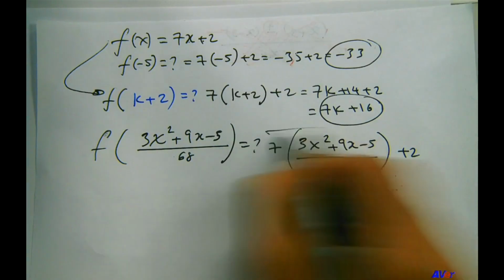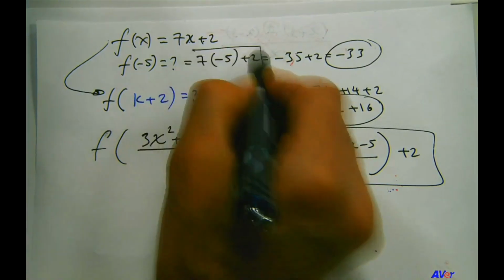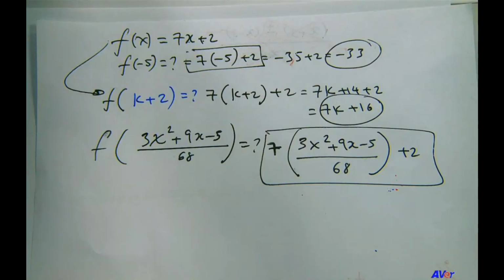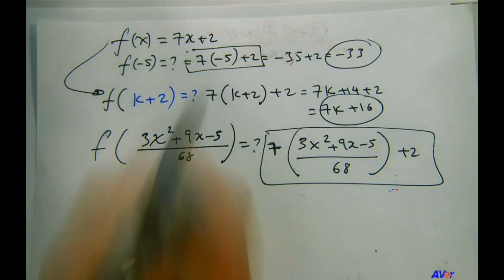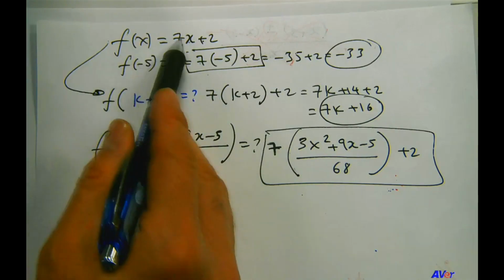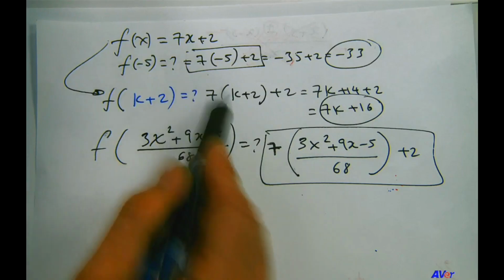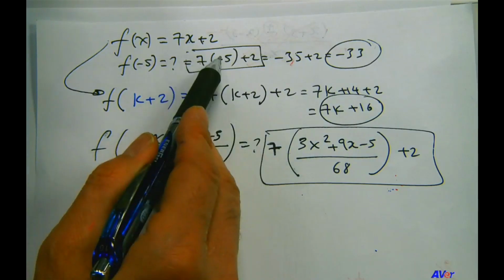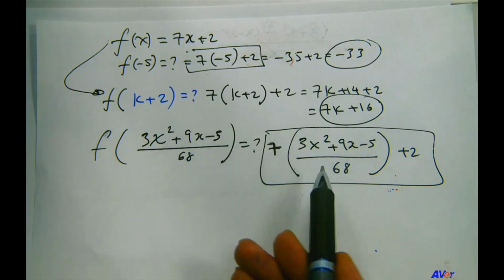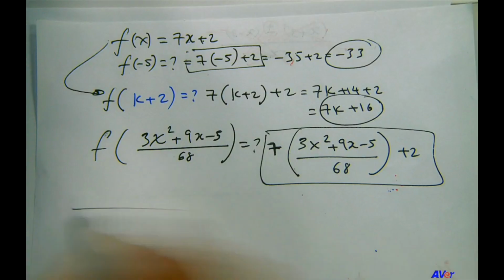Is there any difference between what I did here and what I did here when we substituted negative 5 for x? No. Here we had x, we substituted negative 5 for it. We had x again, we substituted this whole thing for it. Right there. 7 times negative 5, 7 times all of that, plus 2. So this is exactly the same thing. Don't think that it's something different. It's not.